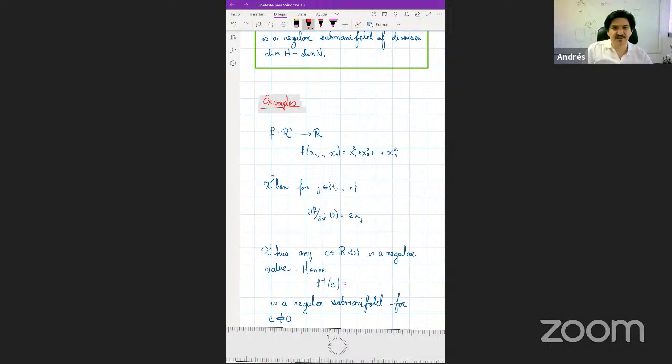This is the sphere of radius c, right? Well, it is the n-1 dimensional sphere. So another proof that the spheres are manifolds.